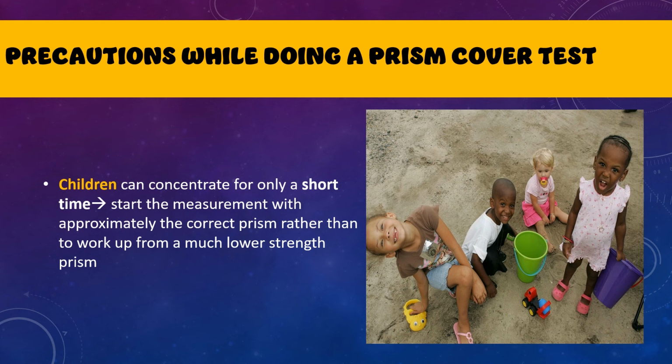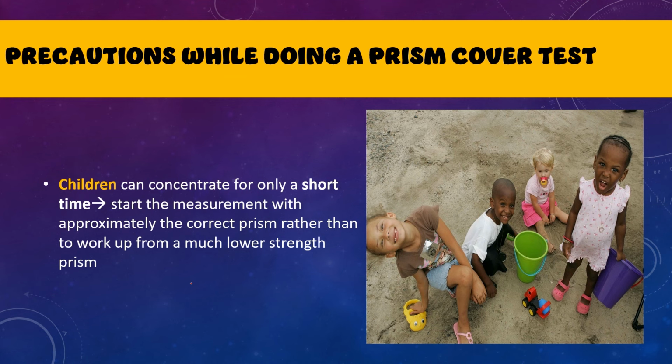Now, apart from that, kids can concentrate only for a very short period of time. So it's always better that in kids, you carry out your test quickly and you start your measurement with an approximately correct prism. Say you carry out a Hirschberg's corneal reflex in these kids, and you find that the reflex is present just at the margin of the pupil.